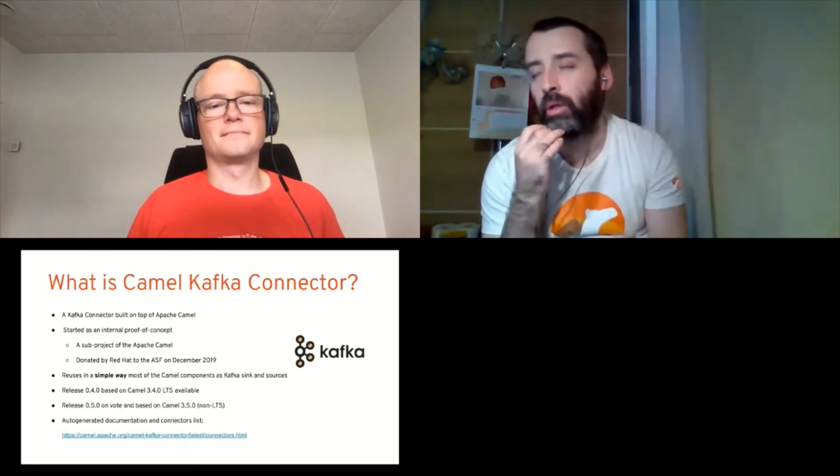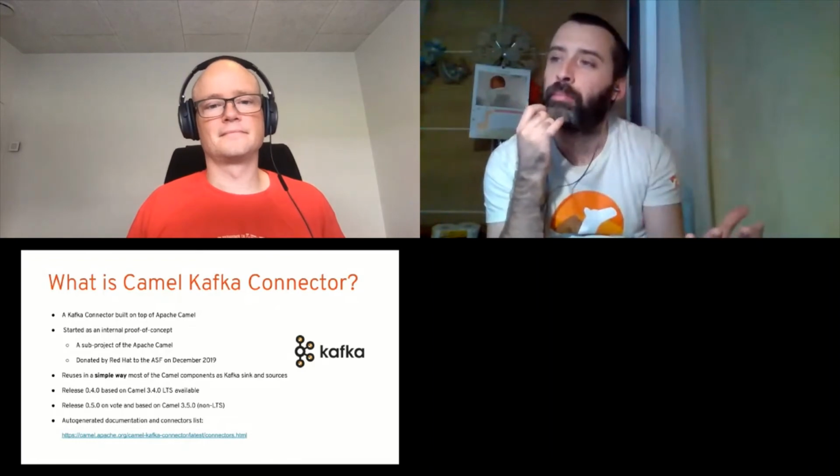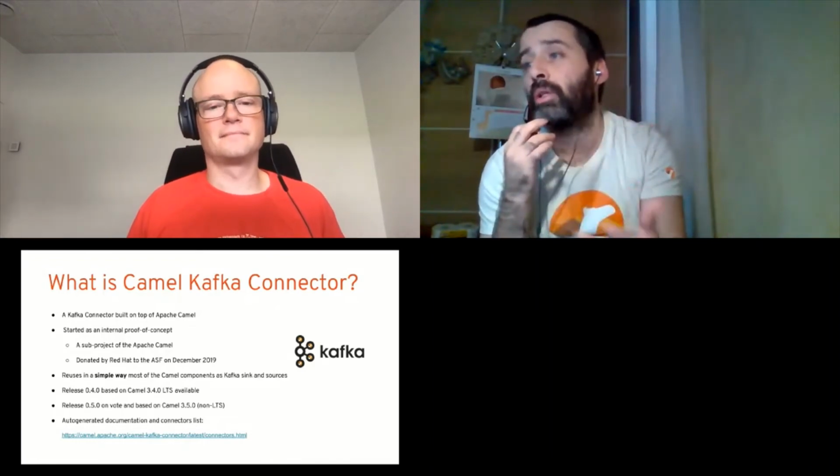The basic idea is to reuse what we already have in Camel as components by generating Kafka connectors based on these components. In this case, you will have a source connector if the component supports consuming, and a sink connector if the component supports producing. So you may have a connector with both source and sink, or just one of them.